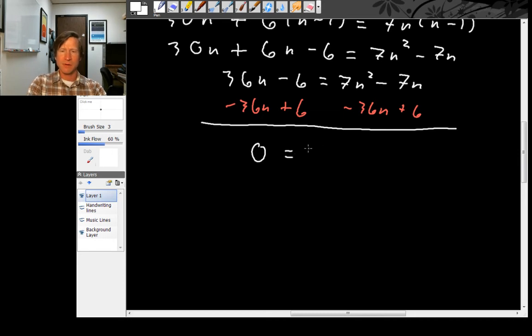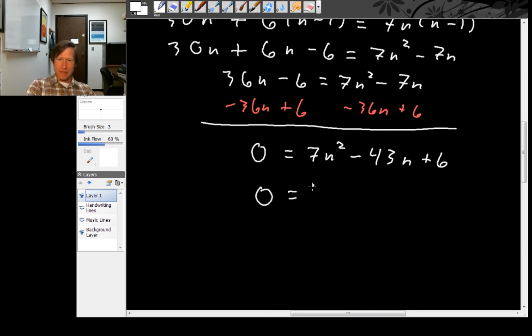On the right-hand side we get 7n squared. Let's see, negative 7n minus 36, that's negative 43. Oops, negative 43n plus 6.